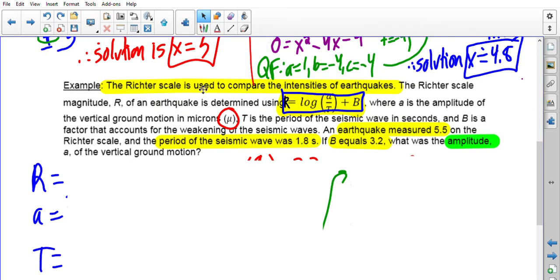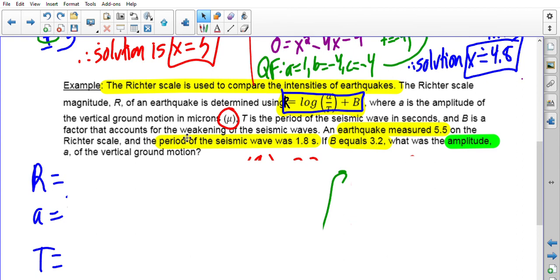The Richter scale is used to compare the intensities of earthquakes. The Richter scale magnitude R of an earthquake is determined using R equals log of A divided by T, plus B. A is the amplitude of the vertical ground motion in microns, T is the period of the seismic waves in seconds, and B is the factor that accounts for the weakening of the seismic waves.